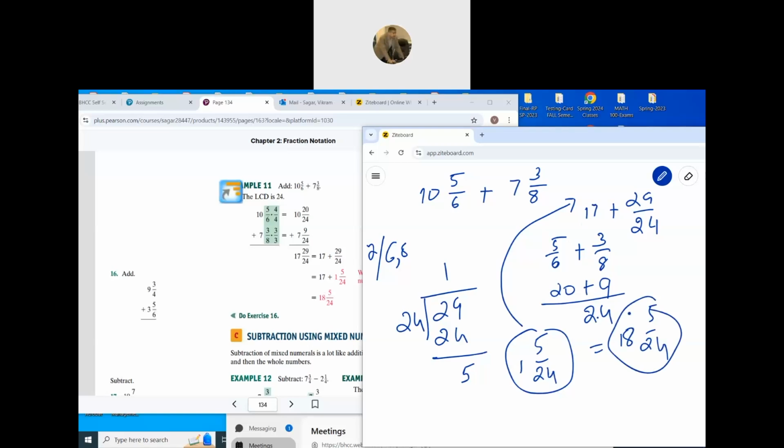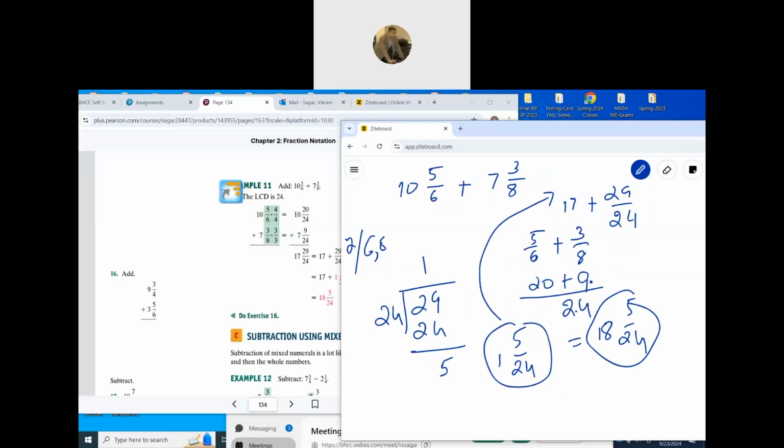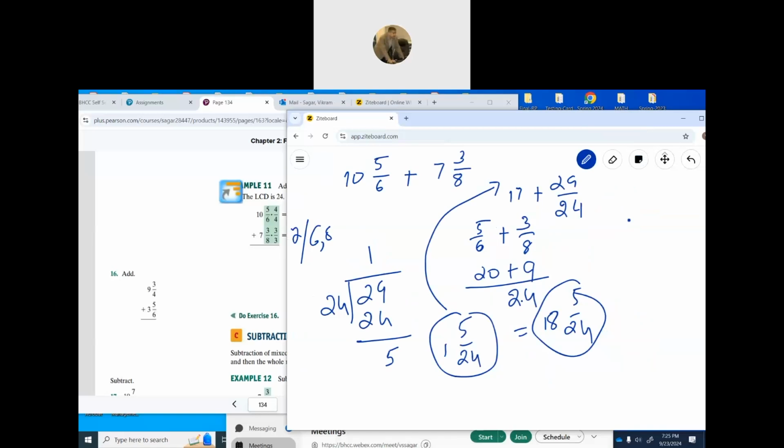So what happened though? This number was easy, but let's say the number is complicated, or if this is a minus sign here, then sometimes it's not hard, but you could easily make a mistake. Now I'm gonna go back to the way we learned.